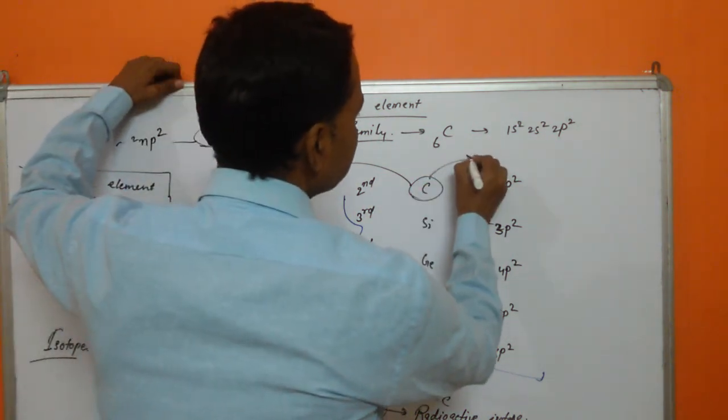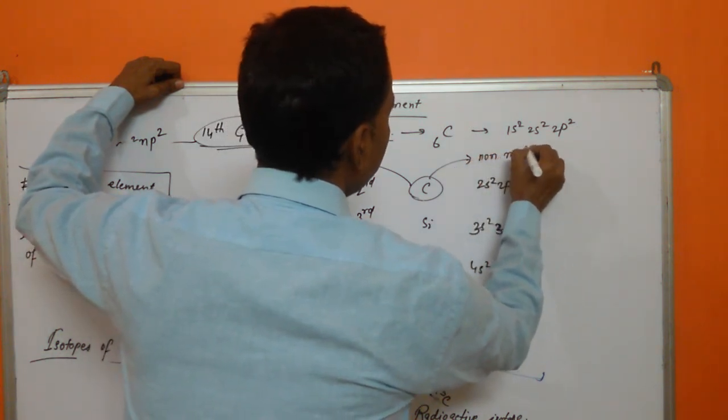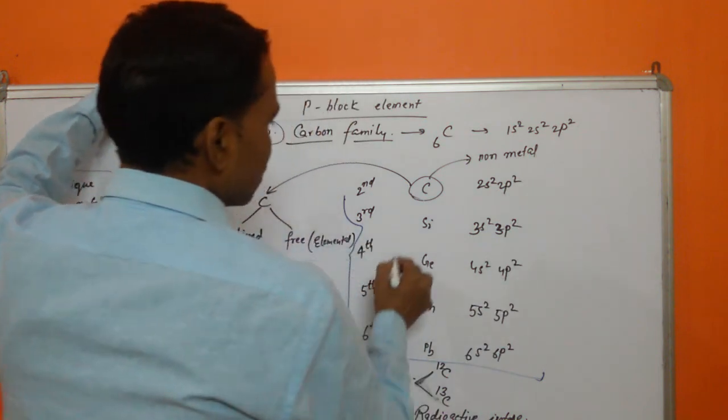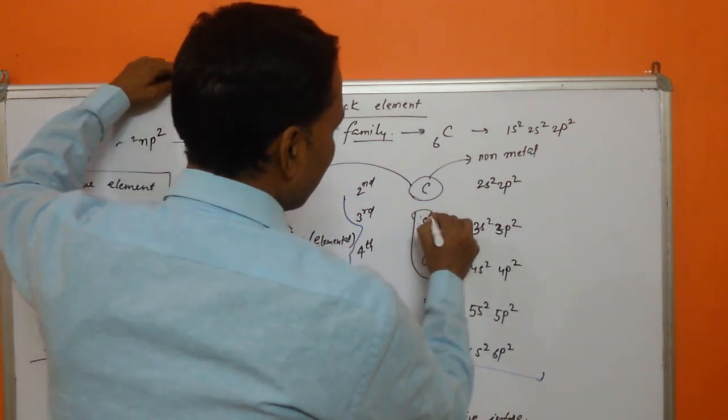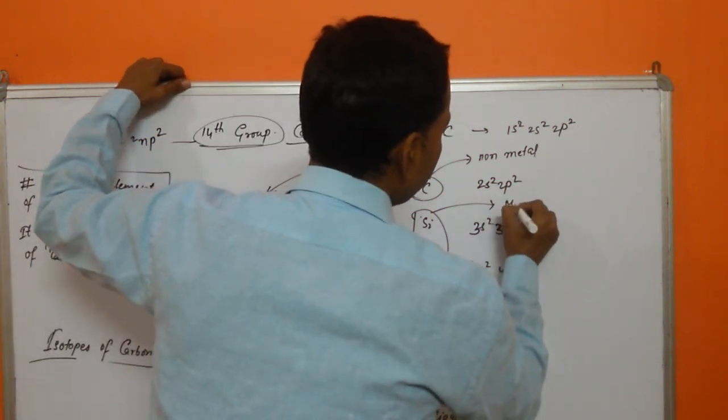Carbon is a non-metal, whereas silicon and germanium are both metalloids.